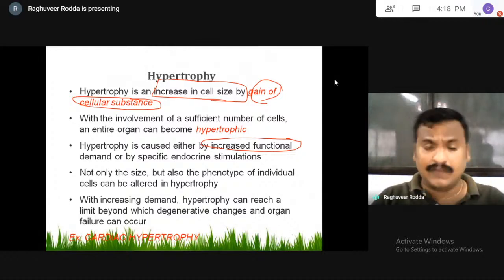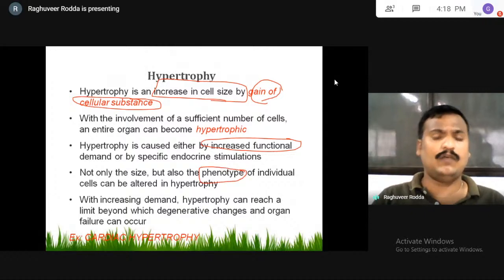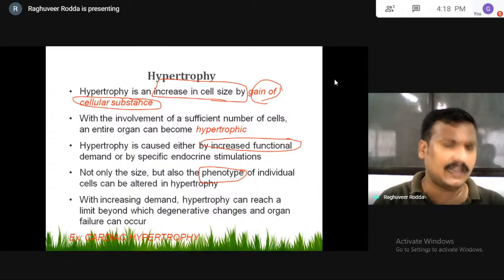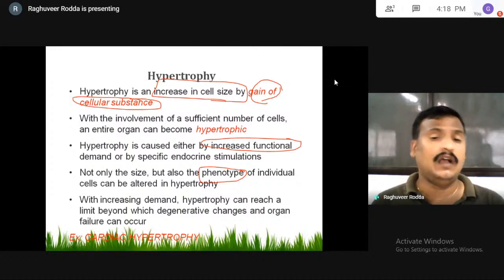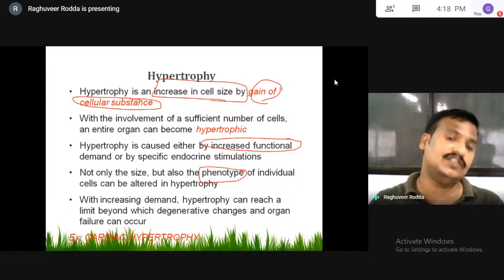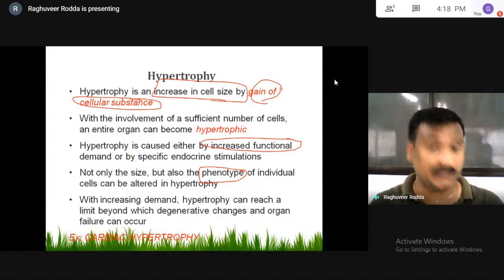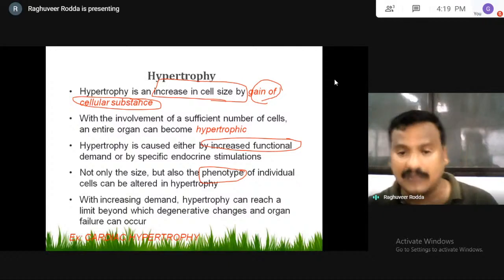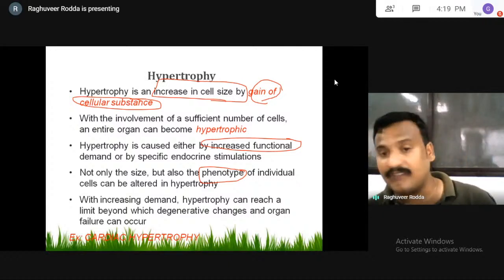Another important point is that hypertrophy is not limited to one particular type or only to the normal cell. It also affects the phenotypic cells. Phenotypic cells are cells produced against genotypic variation, when a person tries to adjust to a new environmental condition.